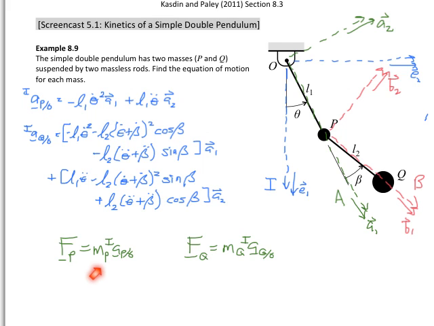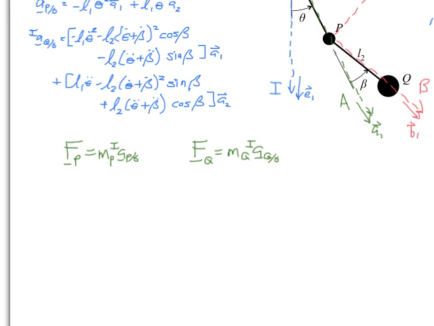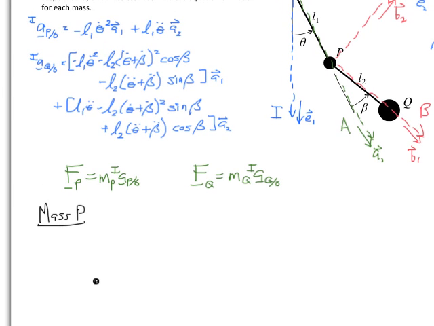We have our mass and acceleration for each of these points, so we need to determine what the forces are that are applied to each of the masses. To do this, we use a free body diagram for each mass. Starting with mass P, our free body diagram is simply a point, and all the forces that are applied to this point, we're going to have gravity operating in the E1 direction.